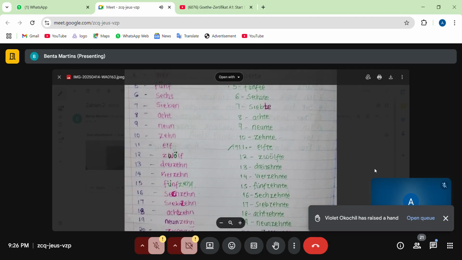Violet. From number 6 to 10. 6, 7, 8, 9, 10. Good. Violet, you still want to continue?